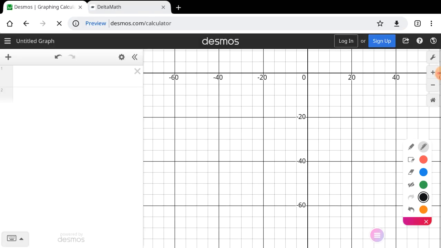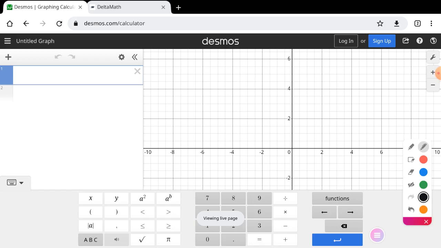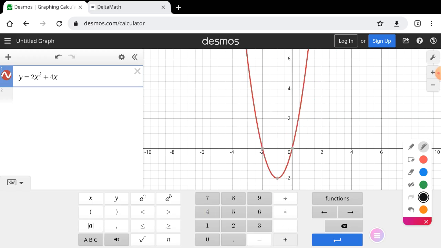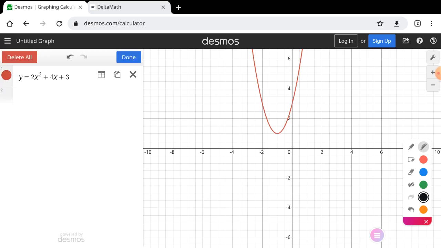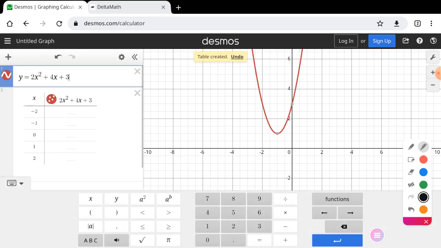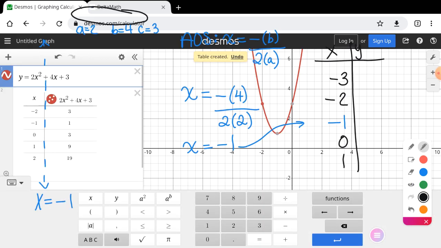Okay, so I've got Desmos. It's working very hard. There we go. y equals 2x squared plus 4x plus 3. Okay, so I can see that's what it should look like. It's a parabola. I press my gear, press my table. And then reminder, those x values I want were negative 3, negative 2, negative 1, 0, and 1.